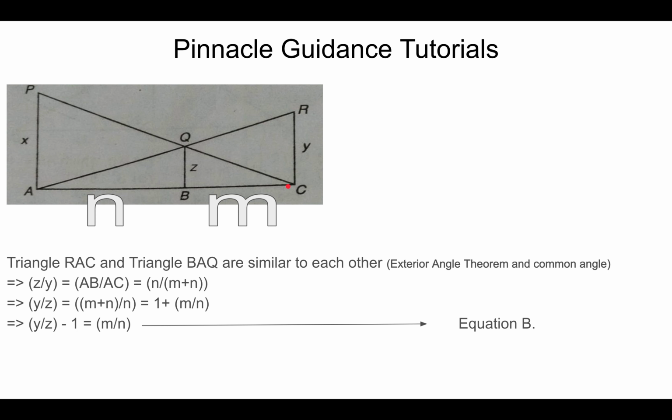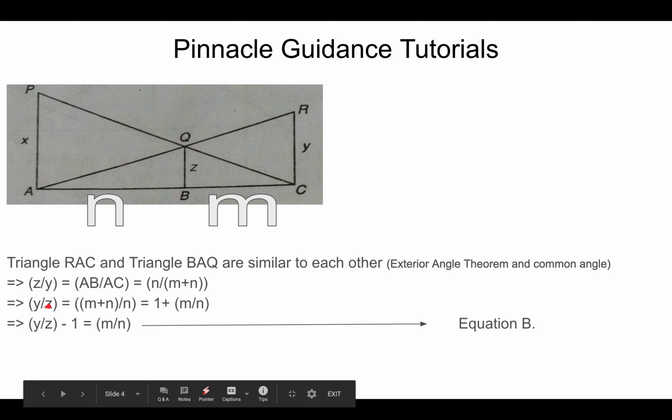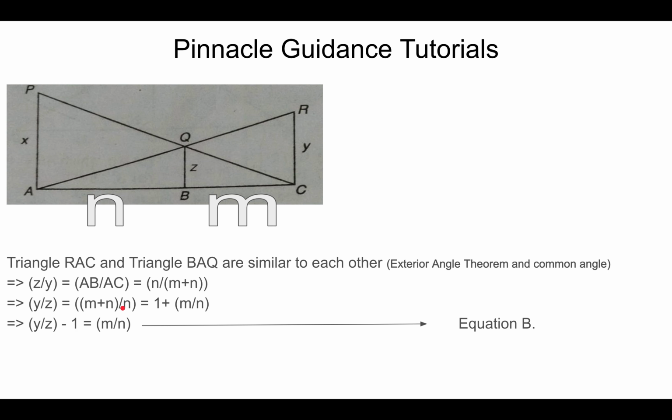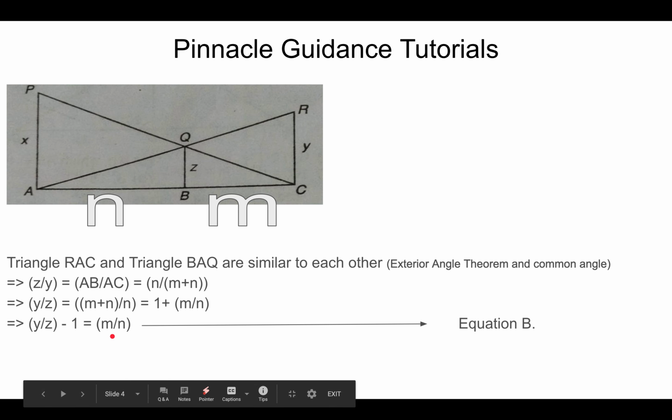So we can say Z by Y is equal to AB by AC, which is equal to N upon M plus N. Now reciprocate it again. Y by Z is equal to M plus N by N, which can be written, if you individually divide it, as 1 plus M by N. Taking 1 to this side, Y by Z minus 1 is equal to M by N.